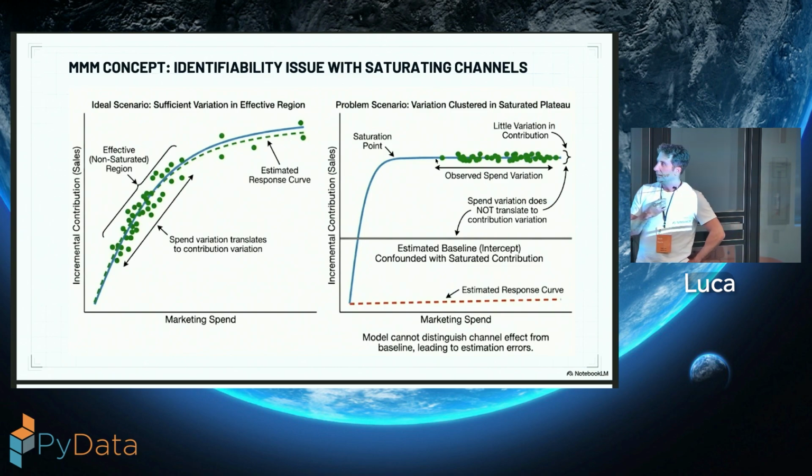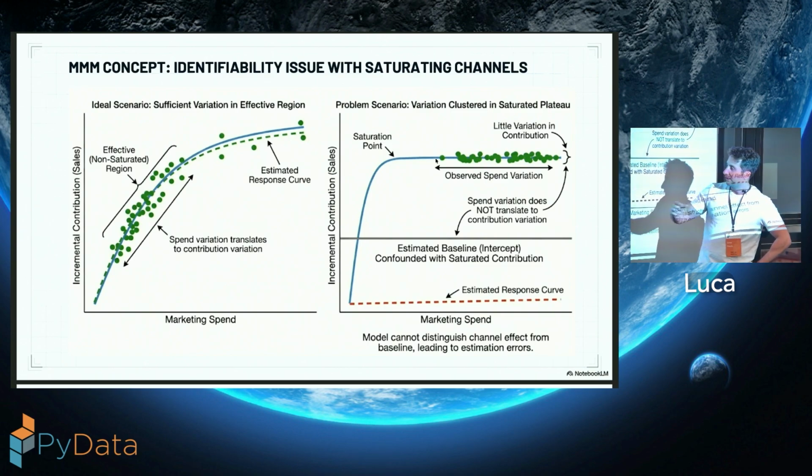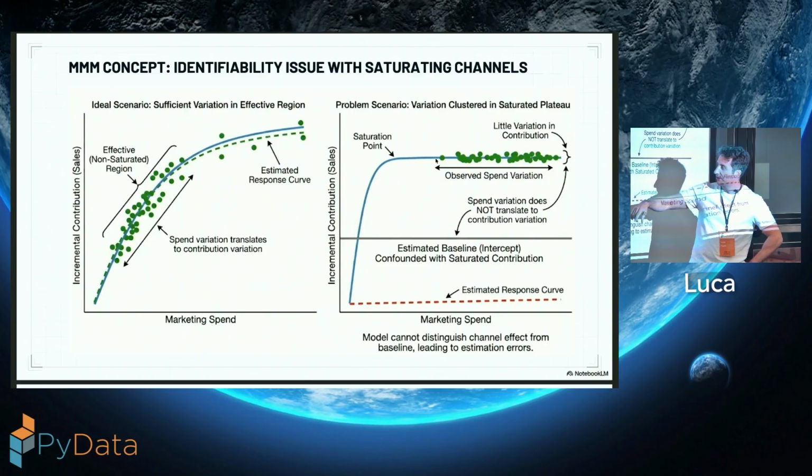So here the concept is, if you have a channel that is not close to saturation, you have a good kind of linearish relationship between your variation in spend, which is measured across the x-axis here, and your variation in contributions from the channels. So they kind of move together. So you have enough wiggle room to really understand what the channel is doing.